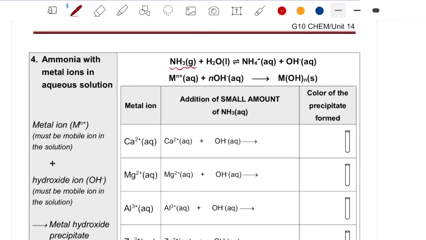Unlike sodium hydroxide, which is a strong base, ammonia gas is a weak alkali. When we say weak alkali, when it dissolves in water, we use this reversible sign to represent it. That means it only partially dissociates, so only a small amount of hydroxide ion is produced.